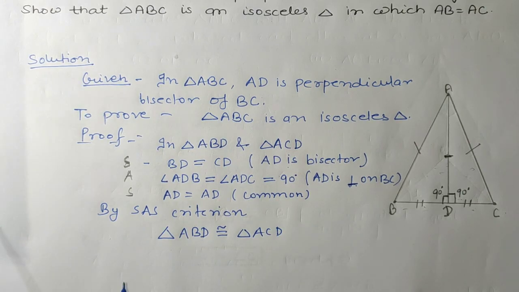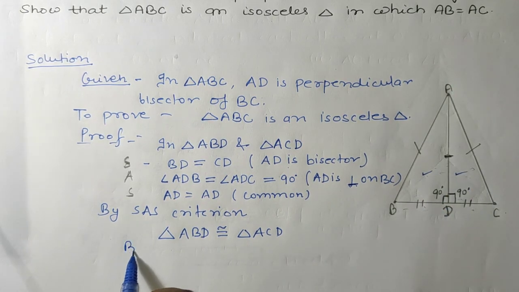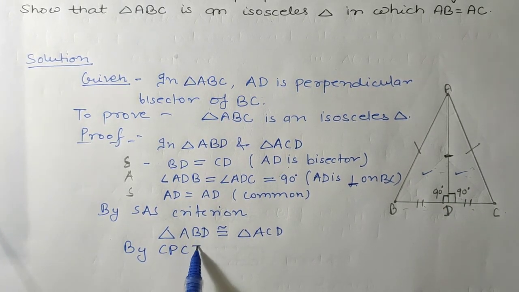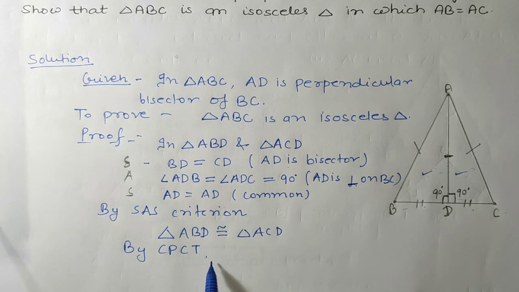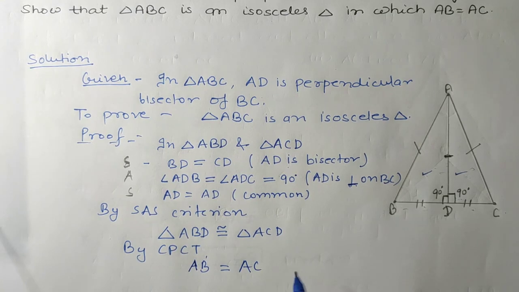Okay, students, so if these two triangles are congruent, then by CPCT we can say that the part of this triangle, that is AB, is equal to the part of this triangle, that is AC. Okay, students, so this we have to prove.